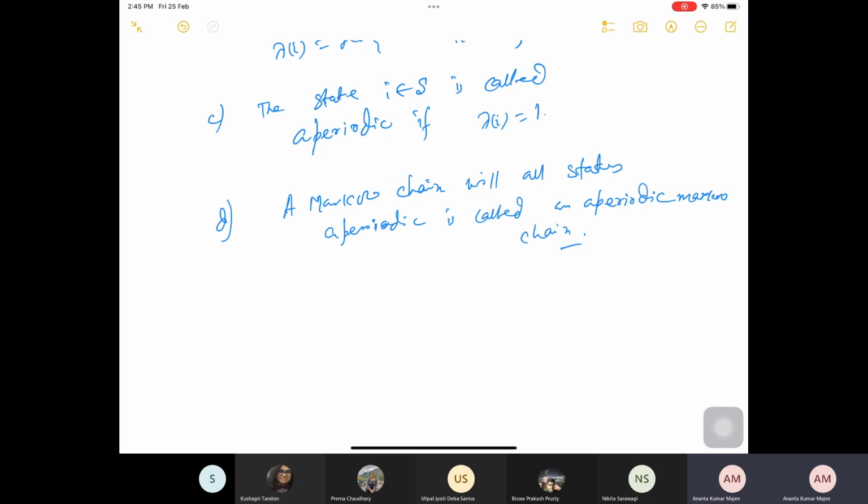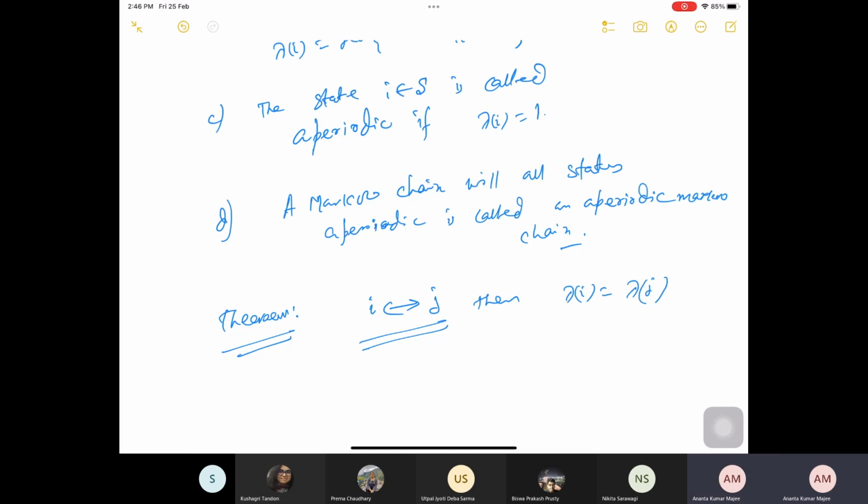Because since I and J communicate with each other, that means if I is a returning state, J should also be a returning state, and because of the GCD and so on, they should have the same period. And actually, it is the same period. So this is the theorem. If I and J communicate with each other, then the period of I is the same as the period of J.